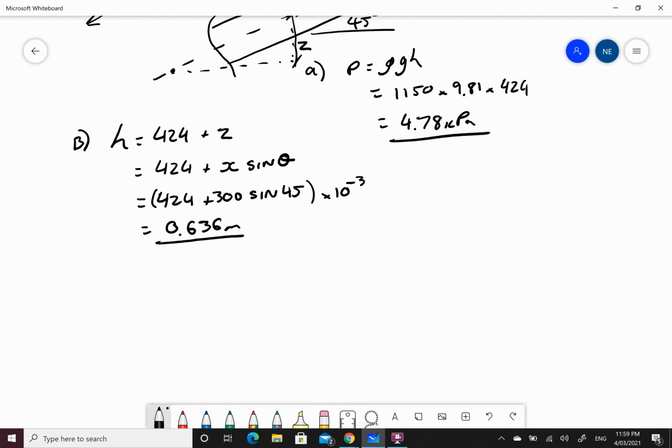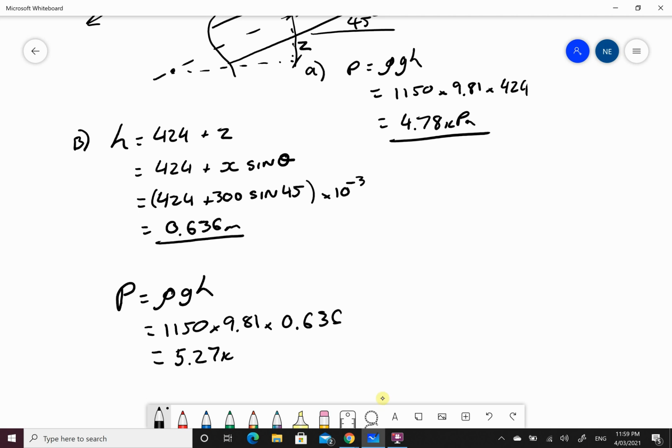Once I've got this, I can calculate my pressure, rho g h: 1150, 9.81 times my new H, 0.636. The new pressure that I get 300 millimeters down the line is 5.27 kPa.